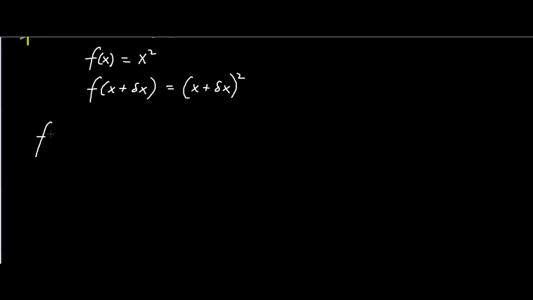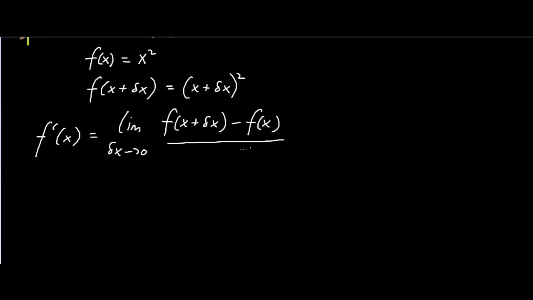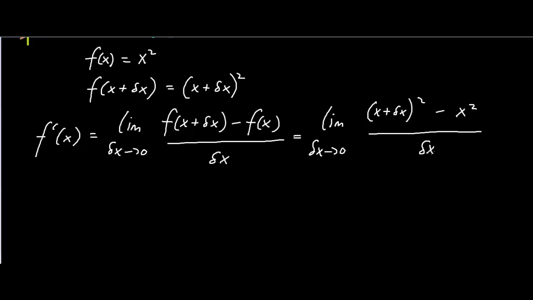We would write the derivative of f(x) equals the limit as change in x approaches 0 of f(x plus change in x) minus f(x) over change in x. Now in this case it would be the limit as change in x approaches 0 of (x plus change in x) squared minus x squared over change in x.